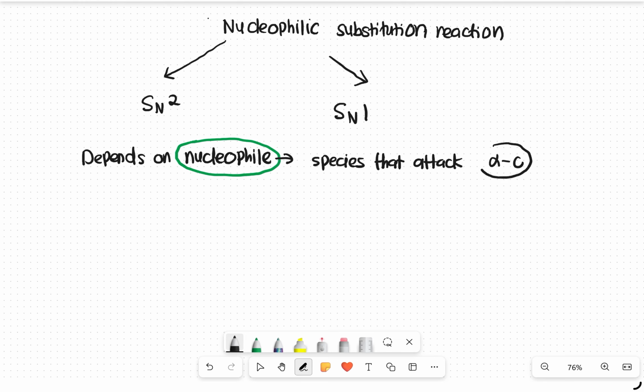Remember alpha carbon? Alpha carbon is the one attached directly to, or the carbon bearing, the halogen group. So we call a species that attacks the alpha carbon a nucleophile.